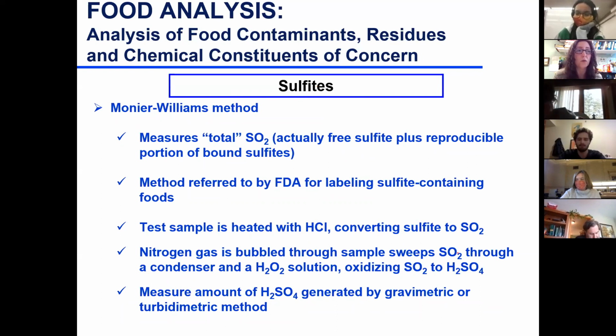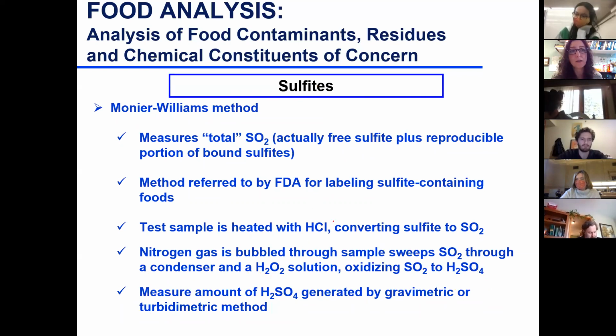Use nitrogen to sweep the SO2 and react it with hydrogen peroxide. SO2 reacting with hydrogen peroxide will give you sulfuric acid, and the sulfuric acid is measured either by measuring turbidity or measuring the weight.